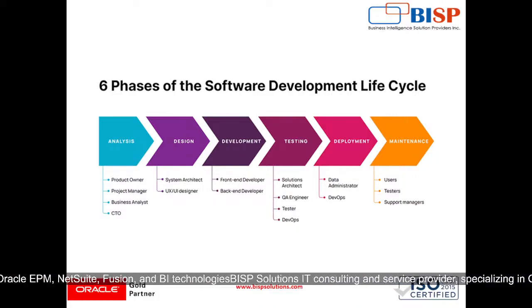In the context of NetSuite, it performs unit testing for scripts and workflows. It also conducts system testing to validate end-to-end processes, and conducts user acceptance testing, which is UAT, with stakeholders.